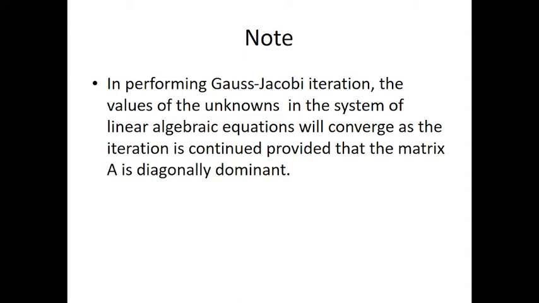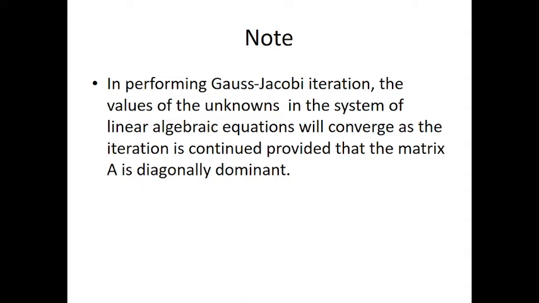There's a possibility. Sabihin niyan, palapit ng palapit sa tamang sagot. Una, hindi sila tamang sagot, pero habang yung iteration nako-continue, lumalapit tayo sa tamang sagot. Nagko-converge, ibig sabihin yan. Ibig sabihin, nag-approach siya ng limit.